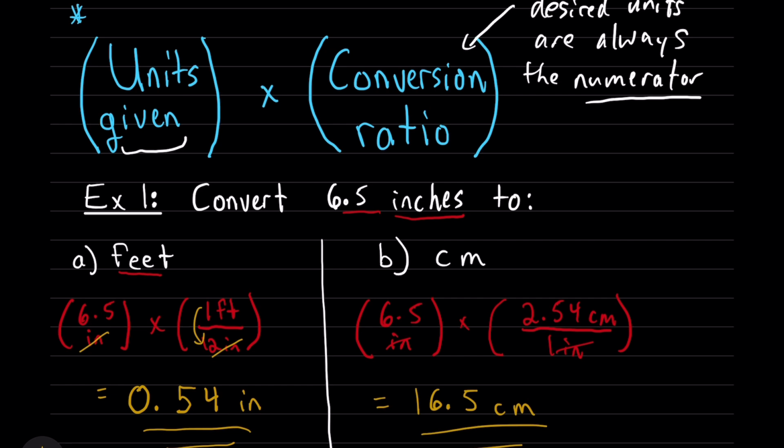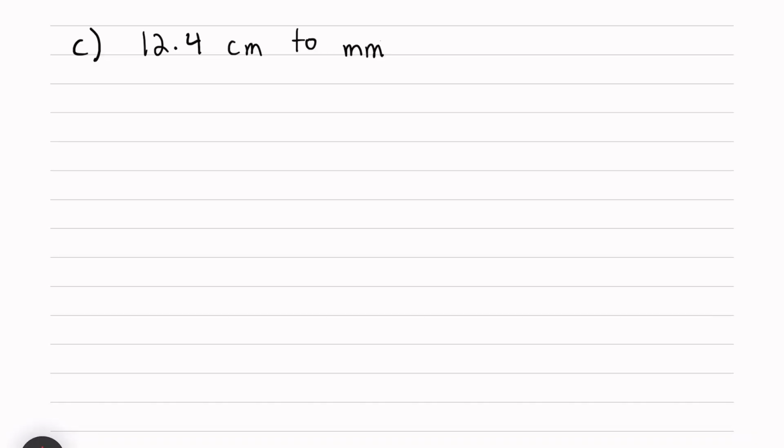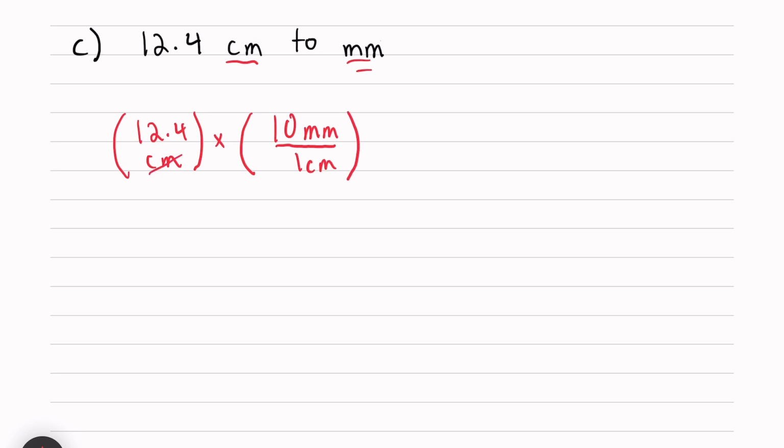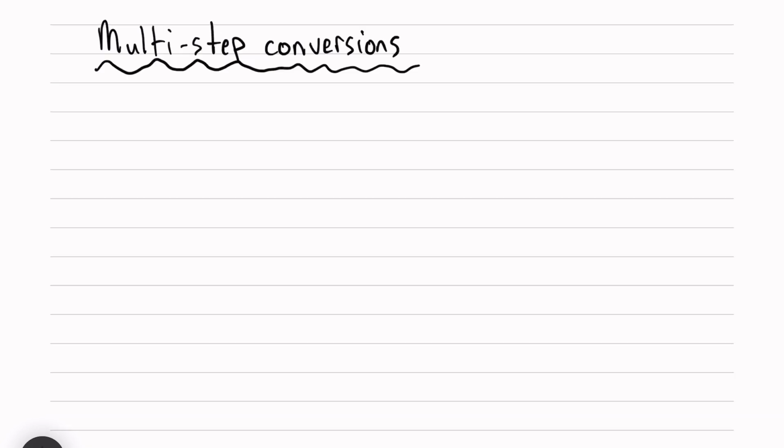Let's try another one. This time, I want you to pause the video and try it yourself. Now, what happens if we have multiple step conversions?